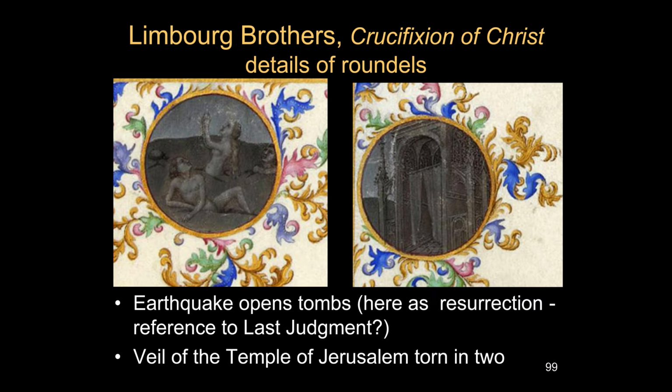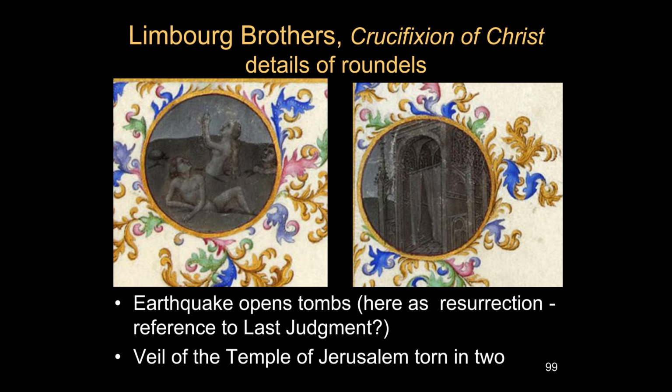And then we see what looks like a little roundel of a man and a woman coming out, and there's another man there too, coming out of the ground. These are the dead being resurrected. Now, what the Bible says is that there's a great earthquake at the time of the crucifixion, and it opens up the tombs. It doesn't say that people were resurrected.